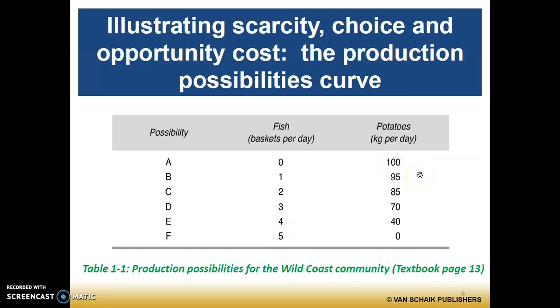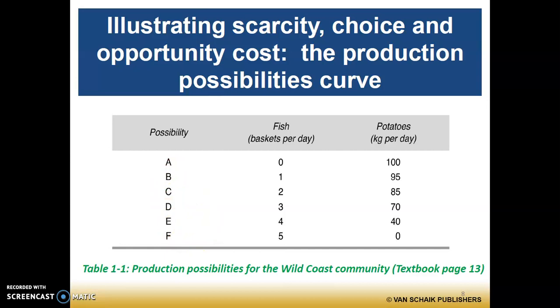But in each case, the entire production of the other good must be sacrificed. If the community wants to enjoy a diet which includes fish and potatoes, they have to use some of the resources for fish production and some for potato production. They are then able to produce any of the combinations shown in table 1.1.